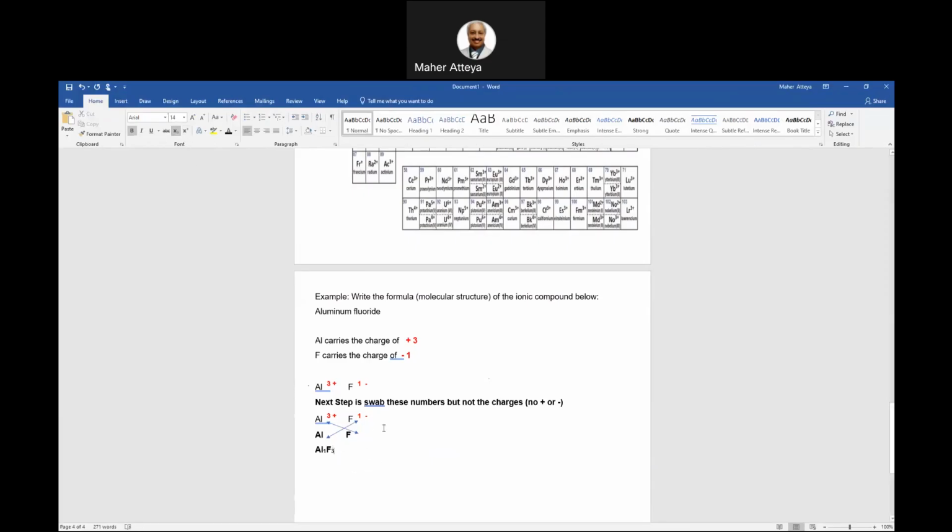So this is the structure of aluminum fluoride. The 1 is understood but not written. The number 1 is understood, but it's not written.